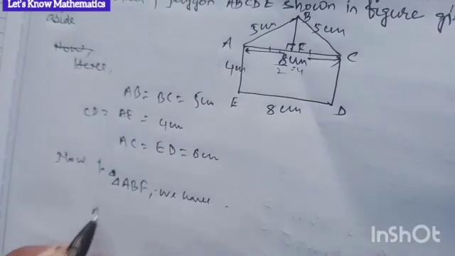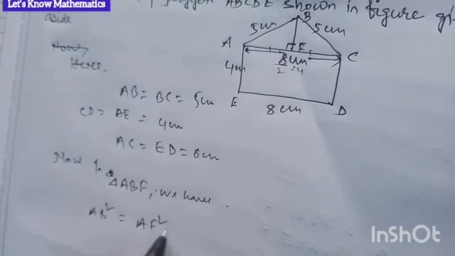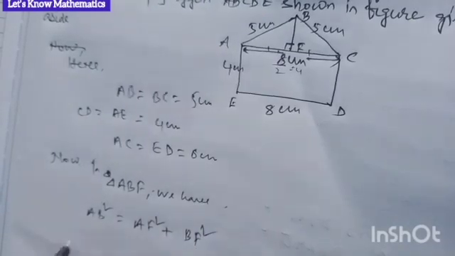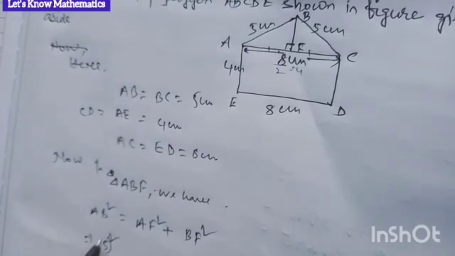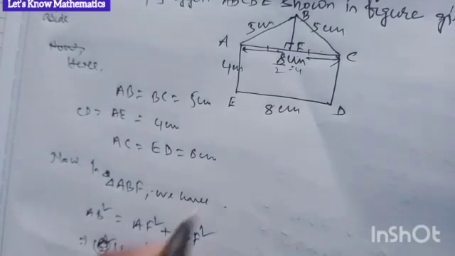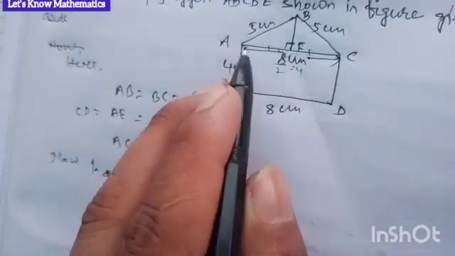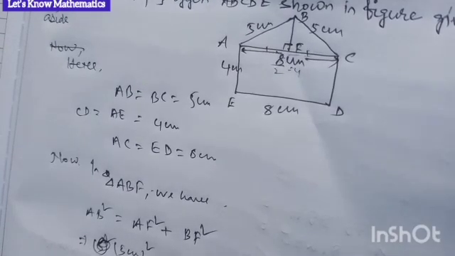So AB square is equal to AF square plus BF square. That means AB is 5 cm, so 5 cm square is equal to AF, which is 4, so 4 cm square plus BF square.